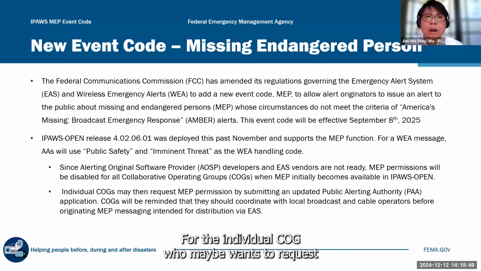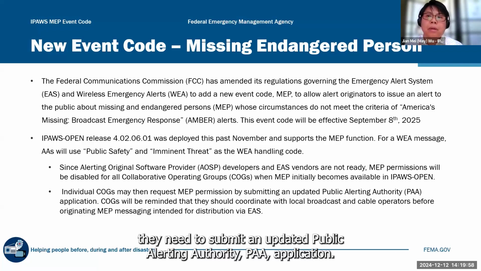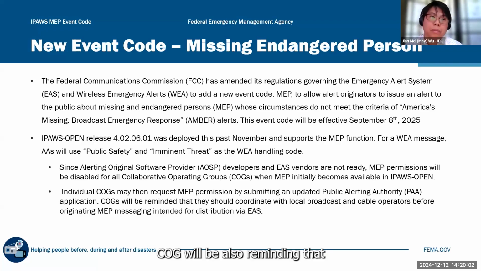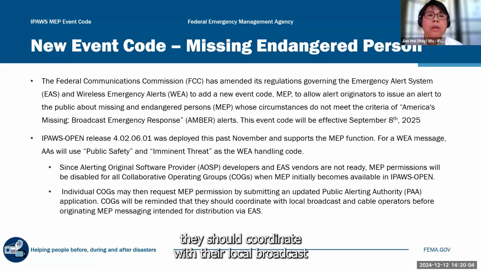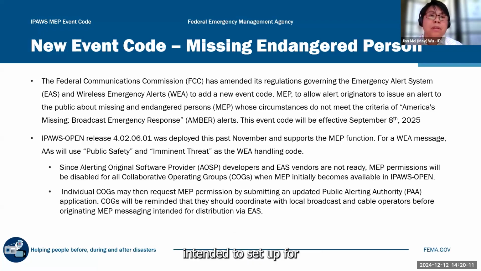Individual COGs who want to request an MEP permission need to submit an updated Public Alerting Authority, PAA, application. COGs will also be reminded that they should coordinate with their local broadcast and cable operators before originating an MEP message that is intended to be sent out for EAS dissemination.